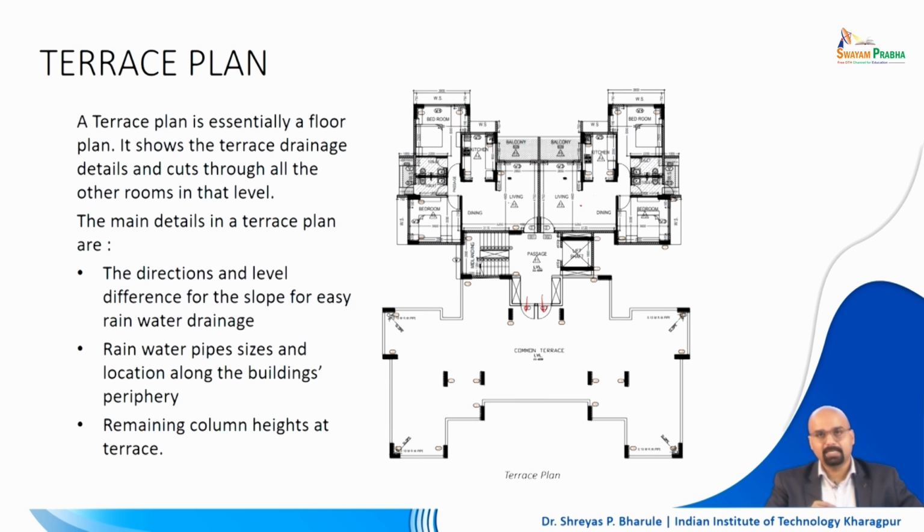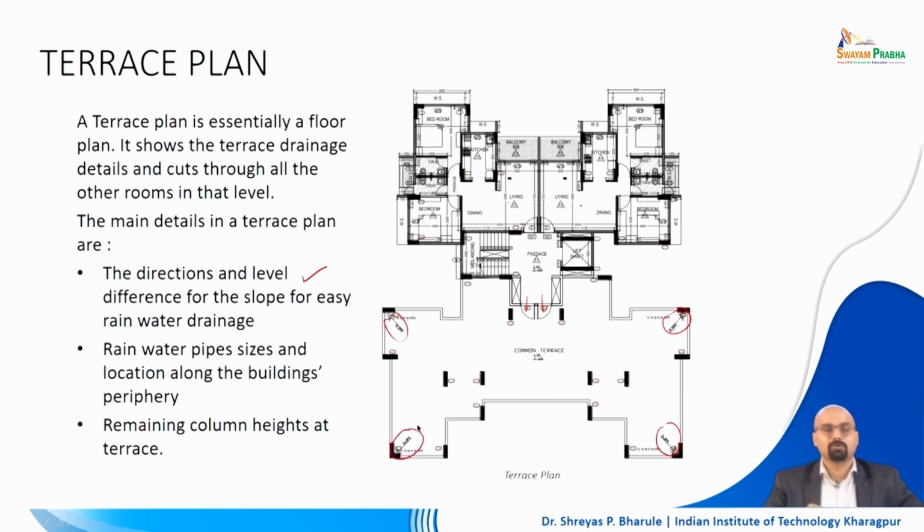So the details which are to be represented in case of a terrace floor plan, let us check that, right. So the directions and level differences for the slope of the water drainage, right, to identify how the water is draining, that is very, very important. So here you may see that you have slope lines, right.